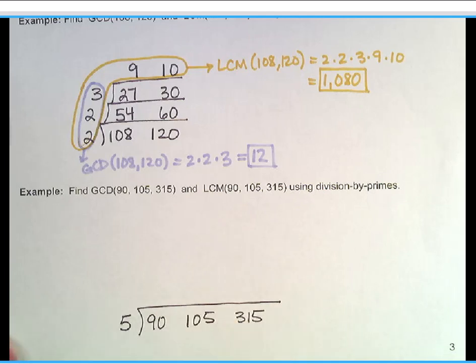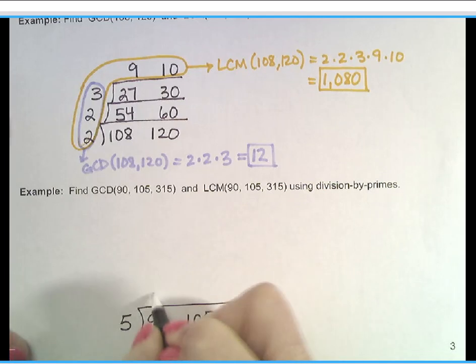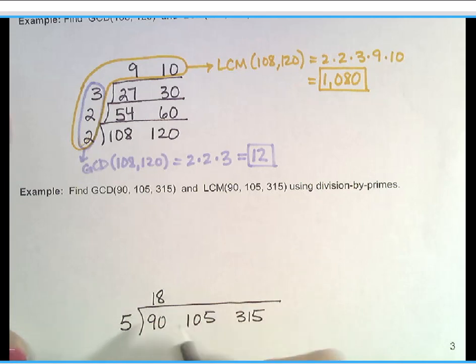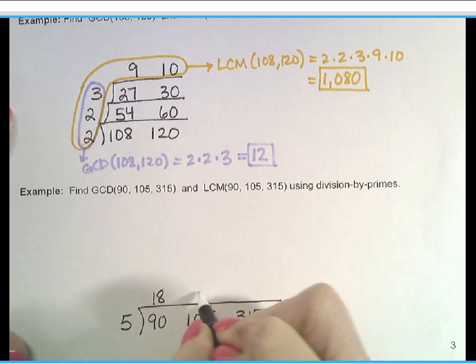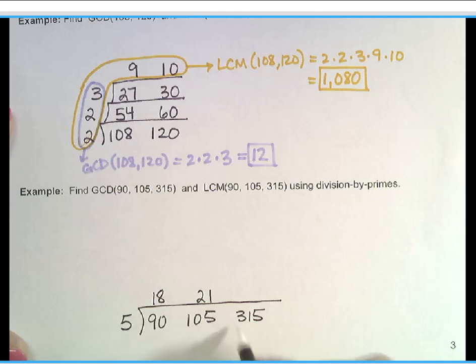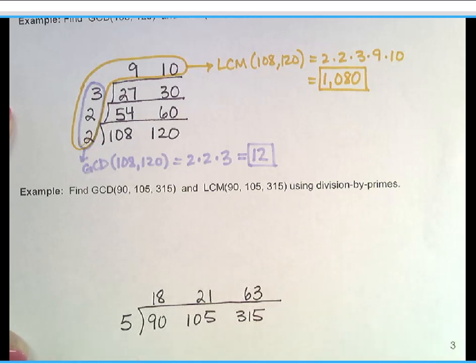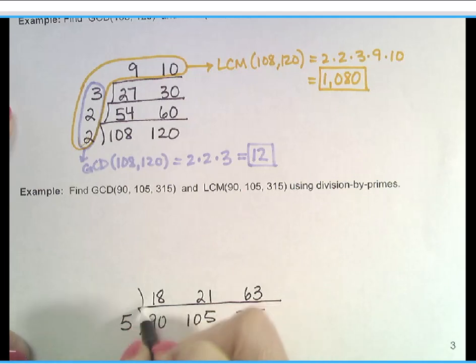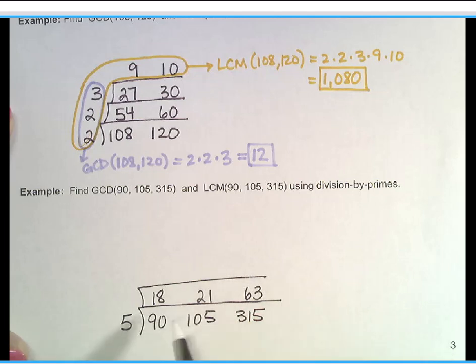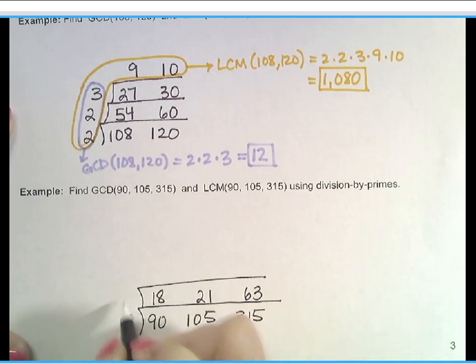Maybe if you saw that they end in 0s and 5 and your first thought was 5, you could do that. 5 goes into 90 18 times. It goes into 105 21 times. It goes into 315 63 times. Okay, you could have divided by 3 first if you wanted to. It's totally fine. But 5 works. Try to get the numbers a little smaller. Now 3 should still work. Like if 3 divided into the original 3, it should still divide into these.